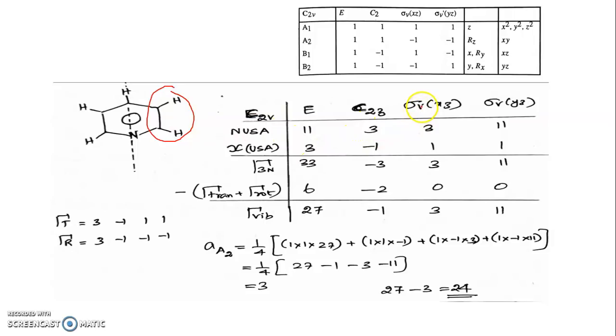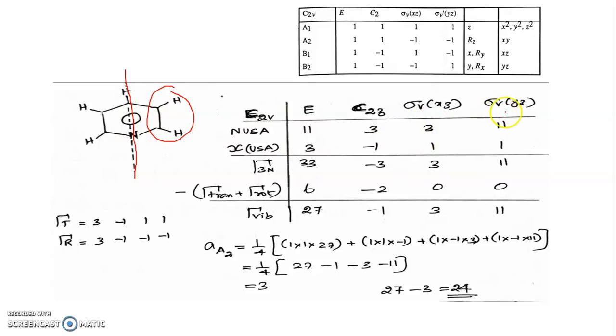Sigma v xz, listen, sigma v xz is passing perpendicular to the molecule, and it is passing through nitrogen, carbon and this hydrogen, so it is passing here, and if you do reflection, this part will reflect here, this part will reflect this side, whereas these atoms remain as such, so again the number of unshifted atoms is 3.